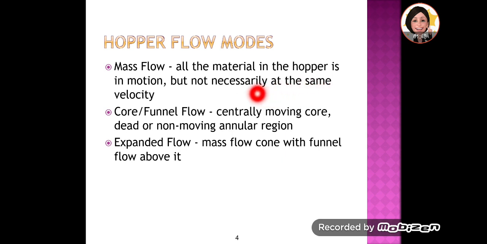Not all layers or all particles will be moving at the same velocity. In core or funnel flow, the central part will be moving and the sides will be dead. Then we have another flow mode, which is expanded flow, and this is a combination of a mass flow cone with funnel flow above it.